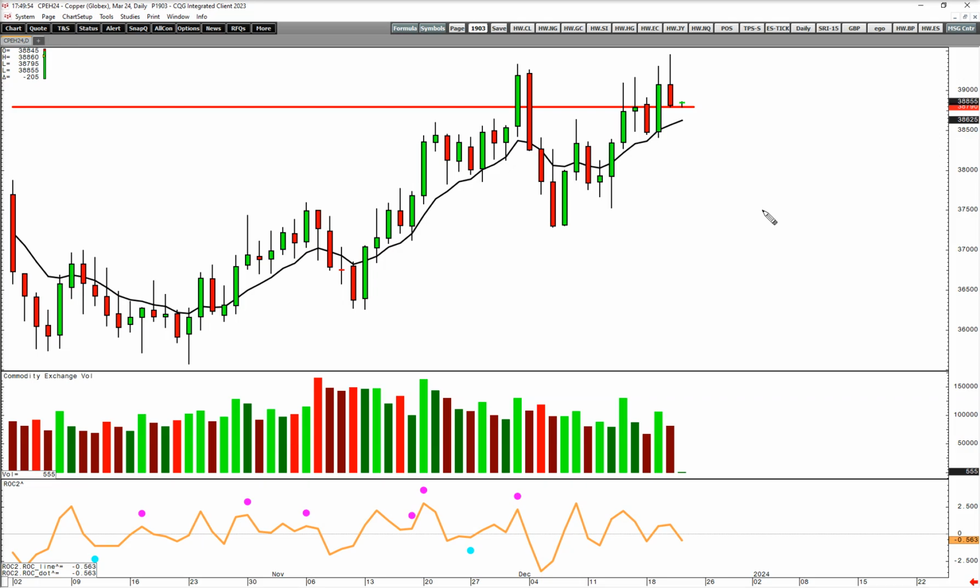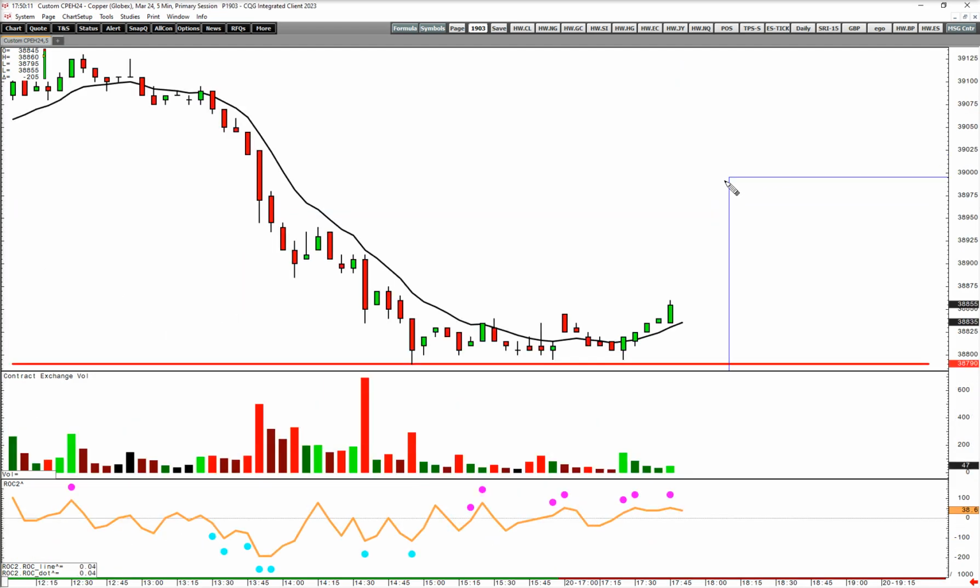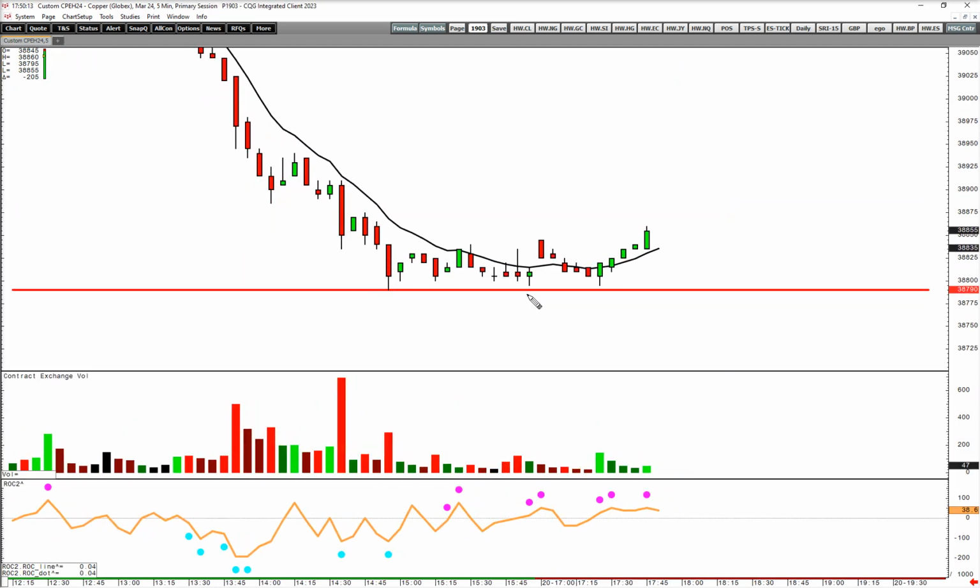Copper looks similar. Similar in that we did go test above this 20-day high and reject, so it's somewhat of a turtle soup. And again, this is a good sized tail and a red body. So if we take out that low, which we haven't done yet, so far that low has held.